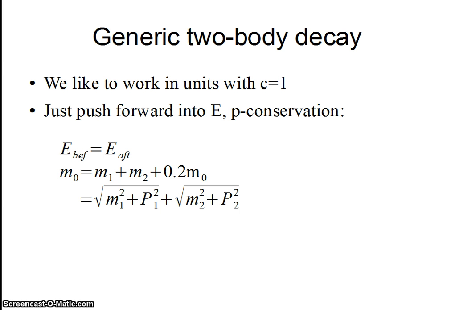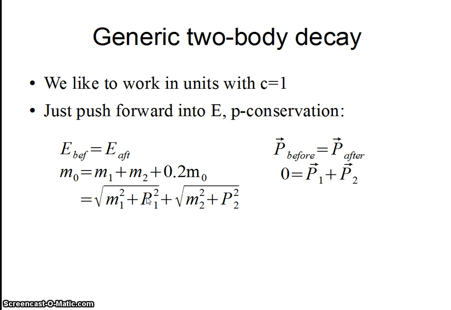It's also just equal to writing the energy momentum relationship for each of the decay particles. We've got the square root of m squared plus p squared, again, c is 1, for each particle 1 and particle 2. That's two different equations I've got there. Each of the line here and the line here equal to m0. Those are two different equations I can use.